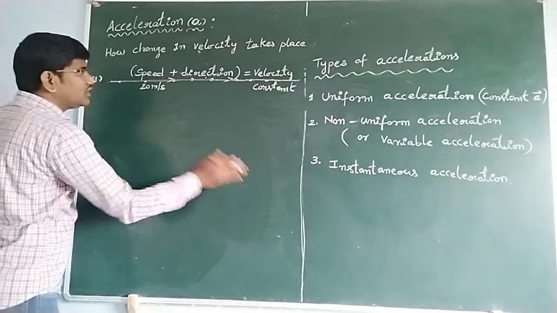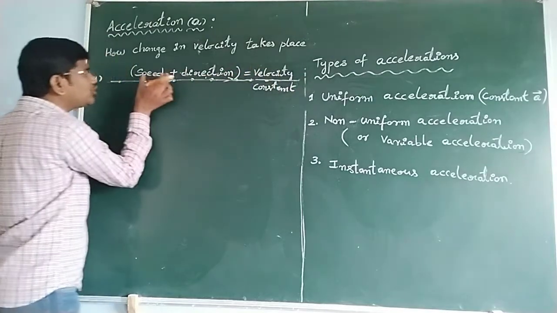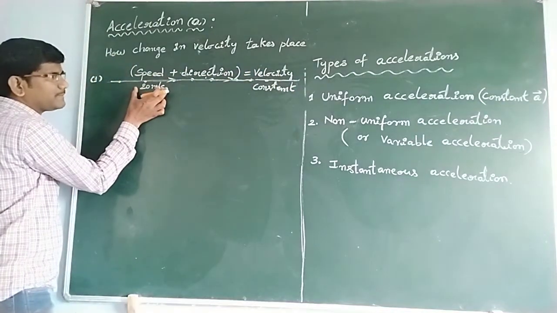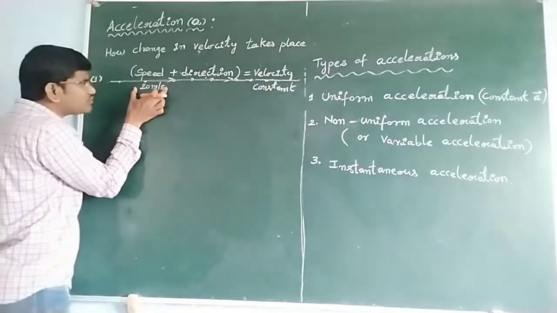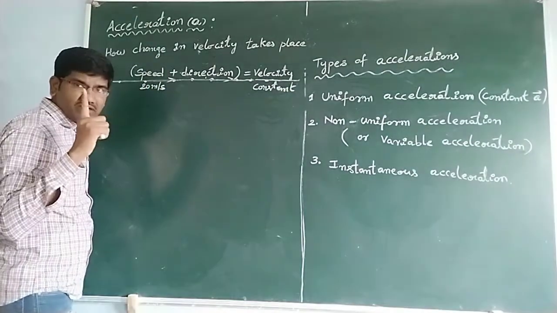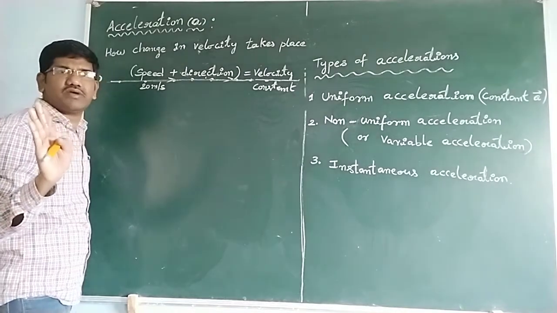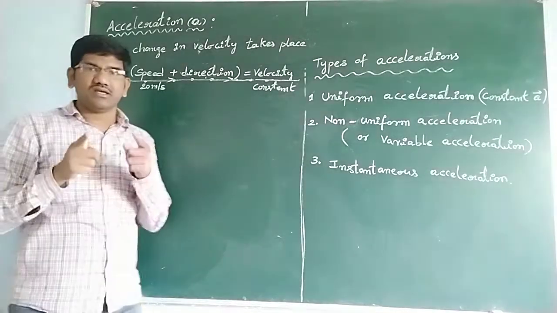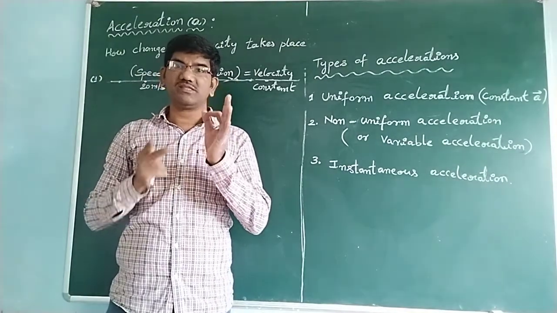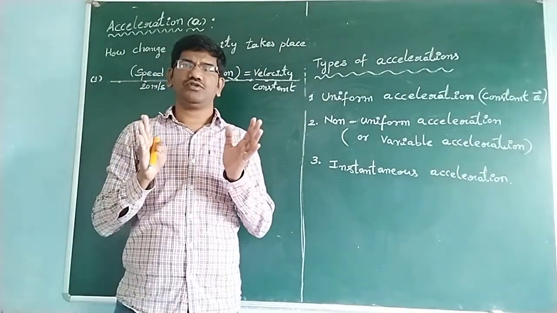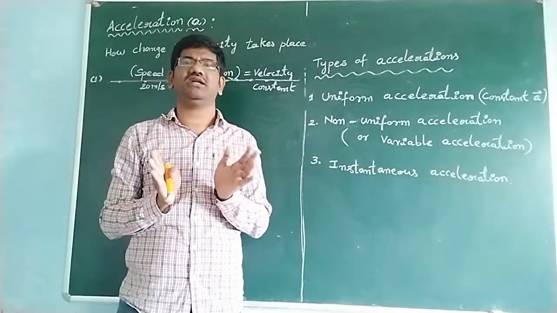The magnitude of velocity means speed, that is 20 meters per second. Whenever you say velocity, you should say how many meters it will cover in the given time interval, and in what direction it is moving also. Velocity of an object means it should move in a specified direction, so we must mention the direction.